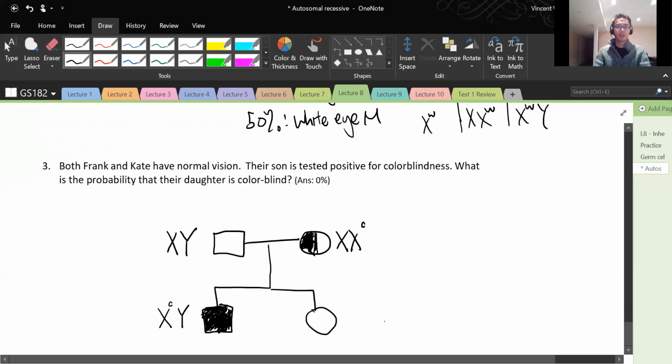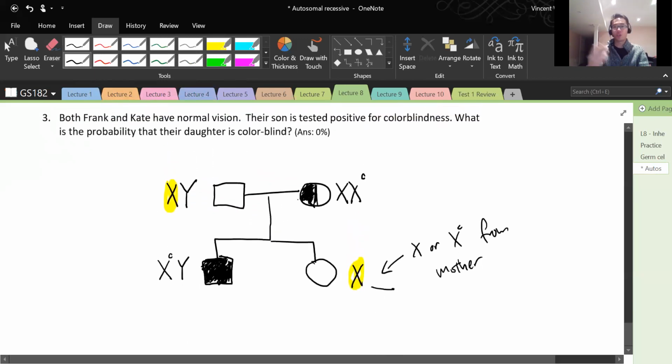Okay. So what about the daughter then? For the daughter, she will inherit one X from the father. And then the other one is going to be from the mother. Okay, but we don't know. X or X^C from mother, we have no idea. Okay, so she might be a carrier. She might not be a carrier, but it doesn't matter.